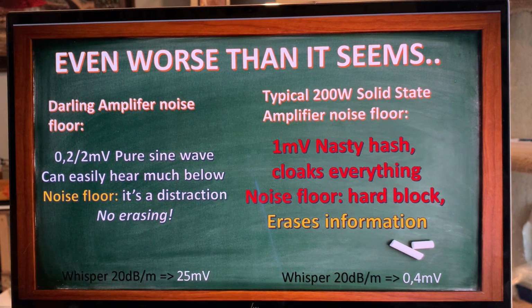So what does that mean? This means that in the case of the Darling amps, even at whisper level we have tremendous dynamic resolution, but we are way below resolution in the case of the solid state amp.